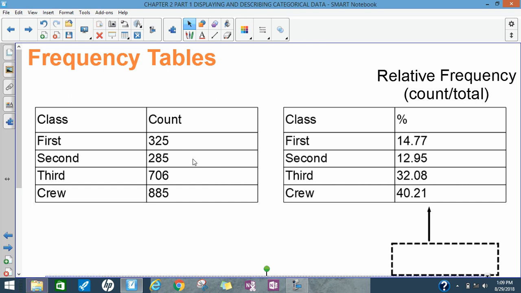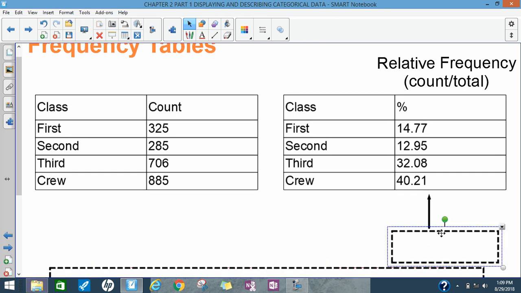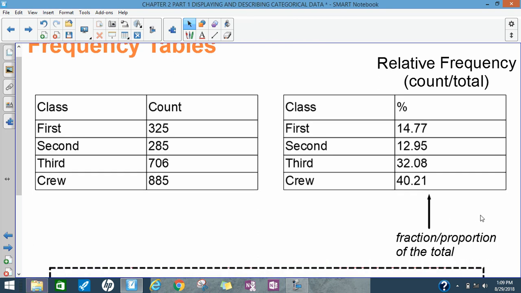And to take that one step further, we can create a relative frequency table. And so what we would do is take each count and divide it by the total number of passengers, and we would get a percentage, or a proportion, a fraction of the total. And so these four percentages should add up to 100. So we can see that the crew made up 40% of everybody on board.